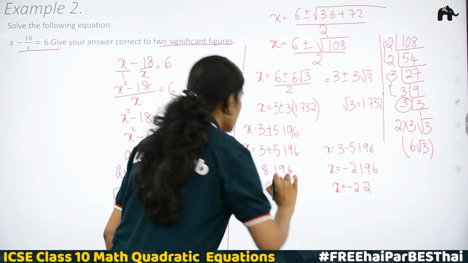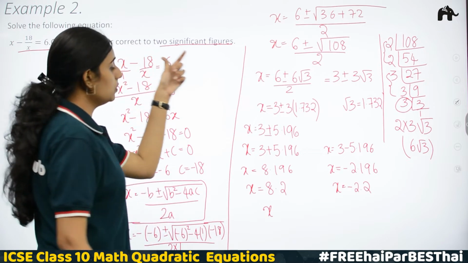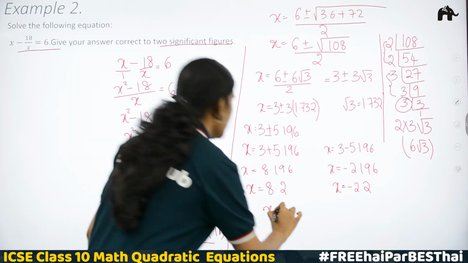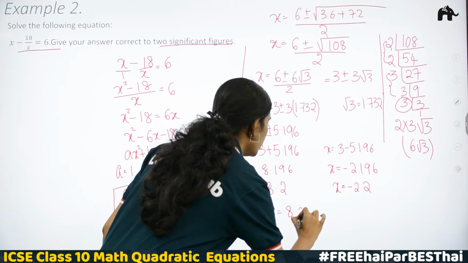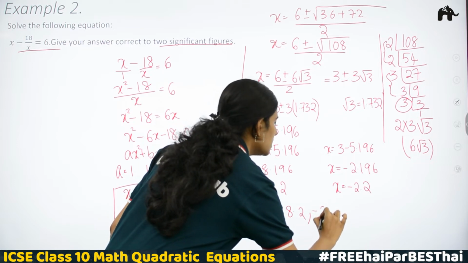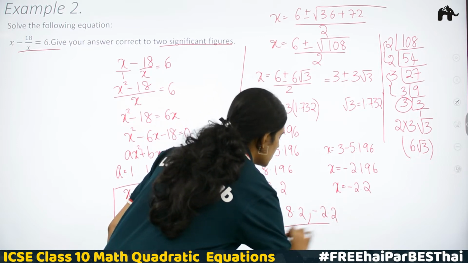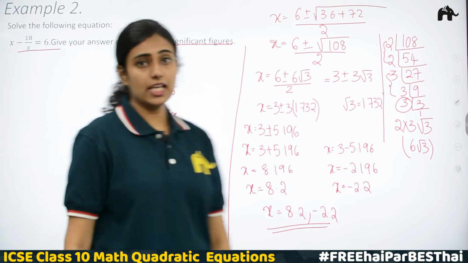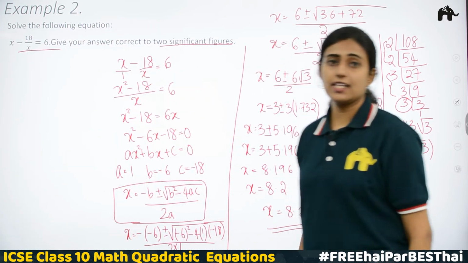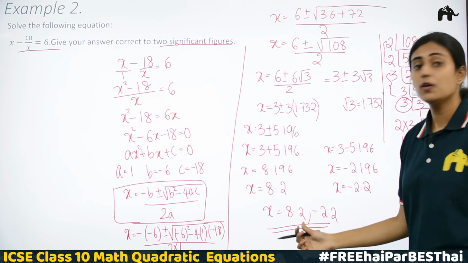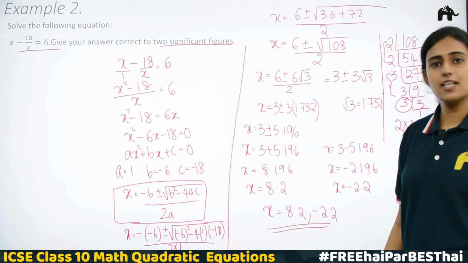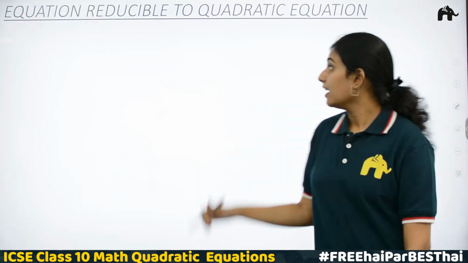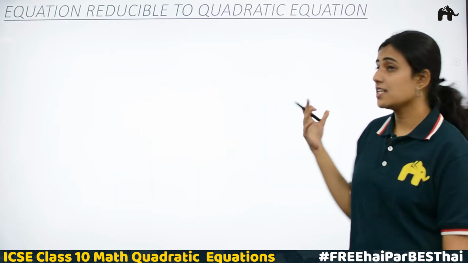So, the answer correct to two significant figures are x is equal to 8.2 and −2.2. These are the roots of the given quadratic equation x − 18/x = 6 up to two significant figures. Clear?